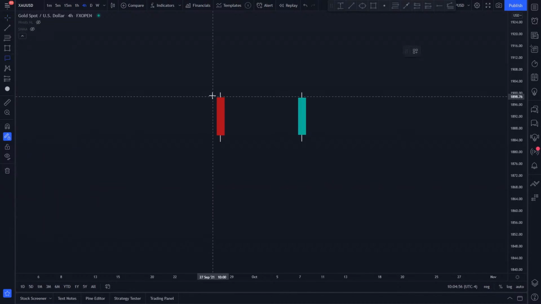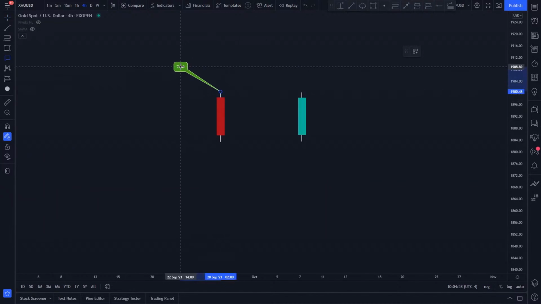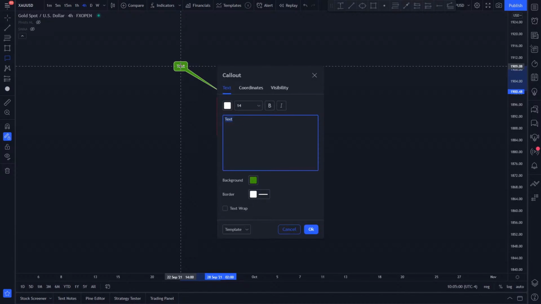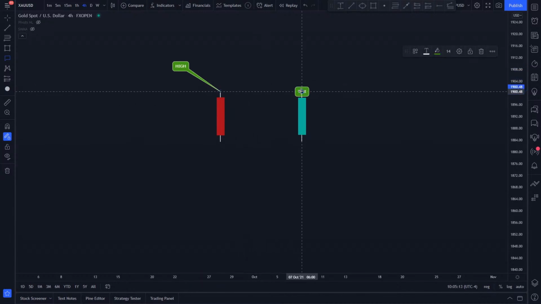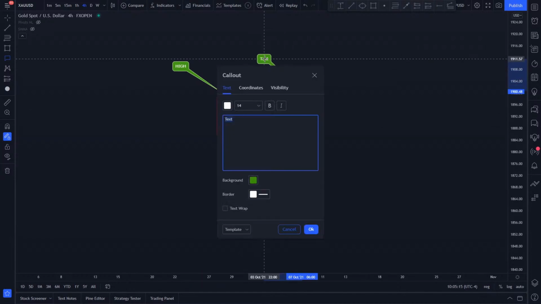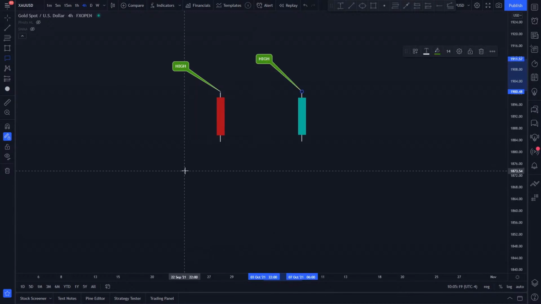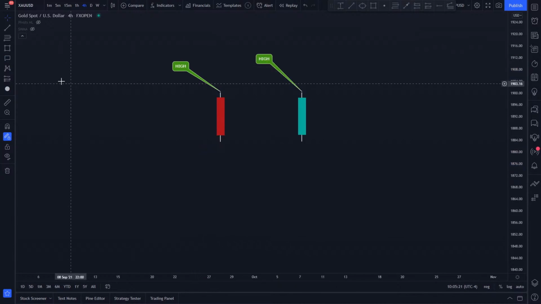We're just going through the very, very basics. This is going to be the high of the candle. These are the highs, and then these are the lows right here.